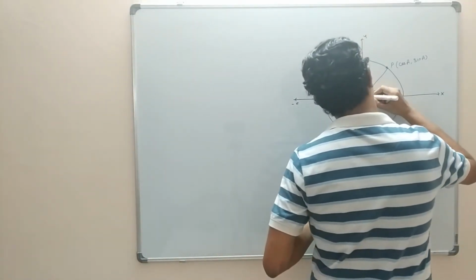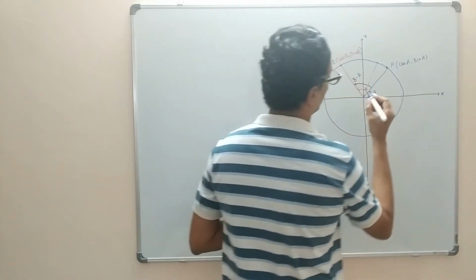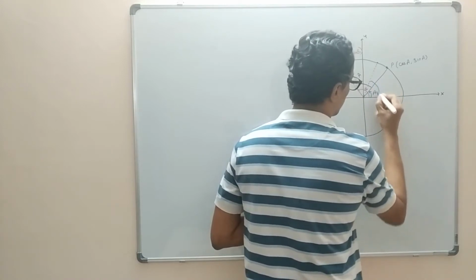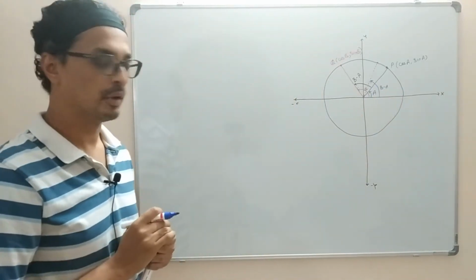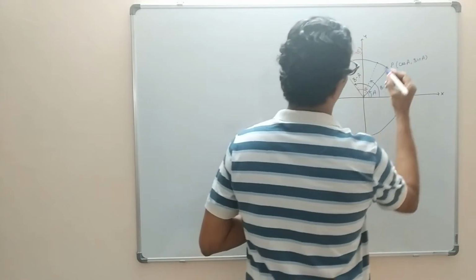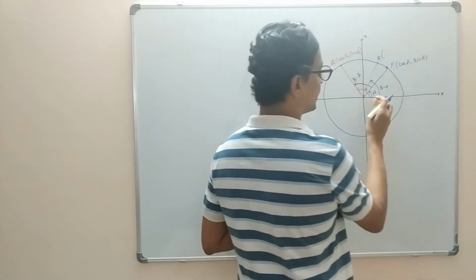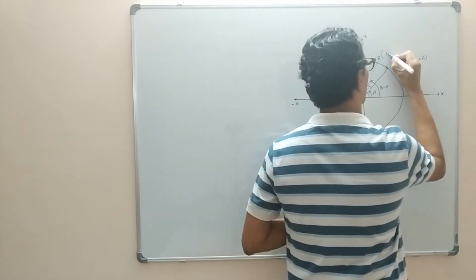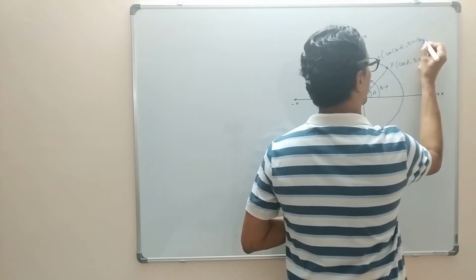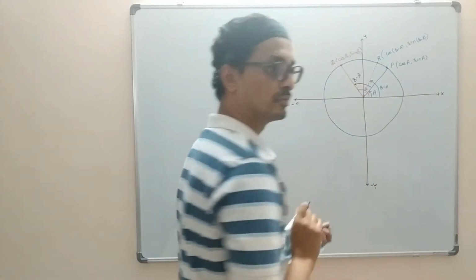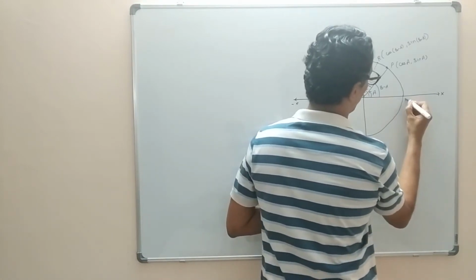I am going to construct another angle whose measure is again B minus A. Let me call this point R. This point R will be cos(B minus A), sin(B minus A). And let me call this point A.